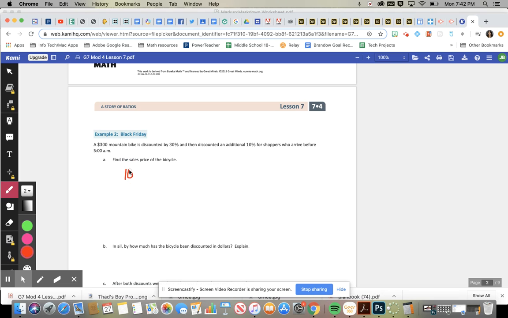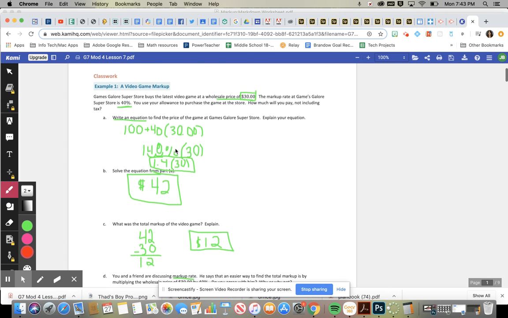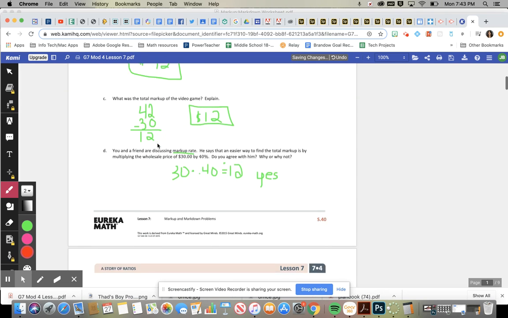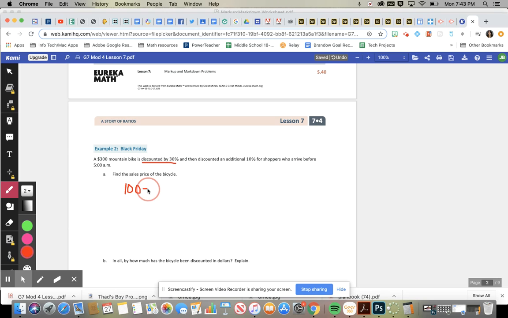So equation, we had 100 and it's a discount. So unlike before where it was a markup and we had to add 40%, we need to subtract 30%. And then times that by the $300, the original price of the bike.